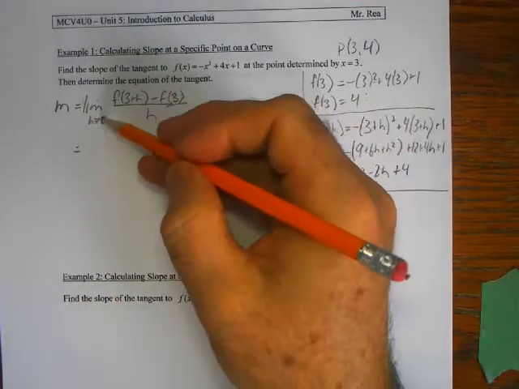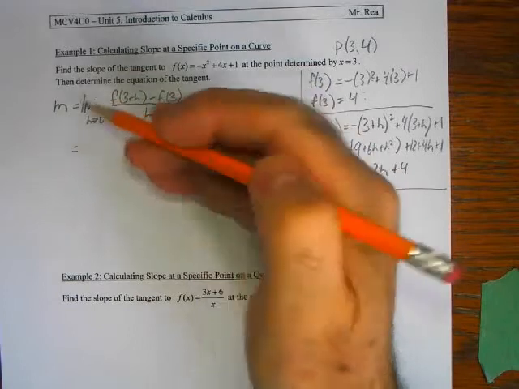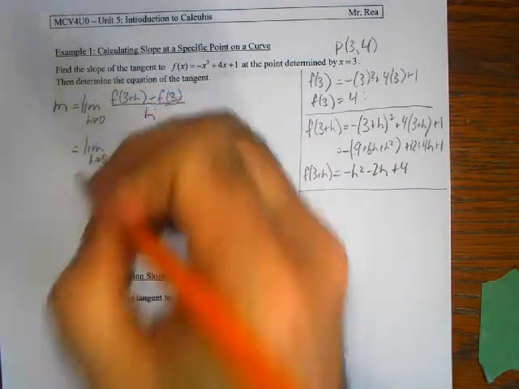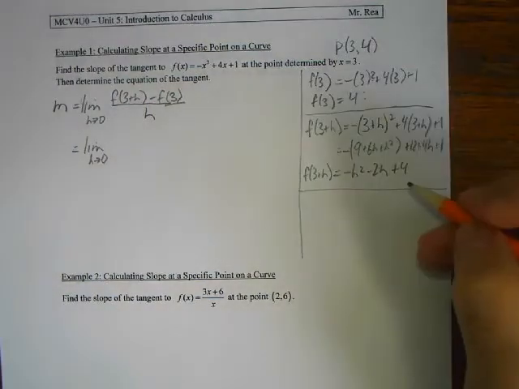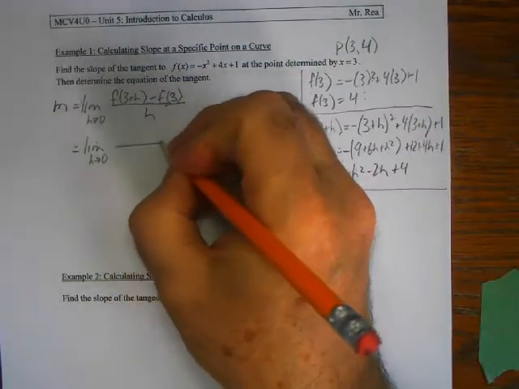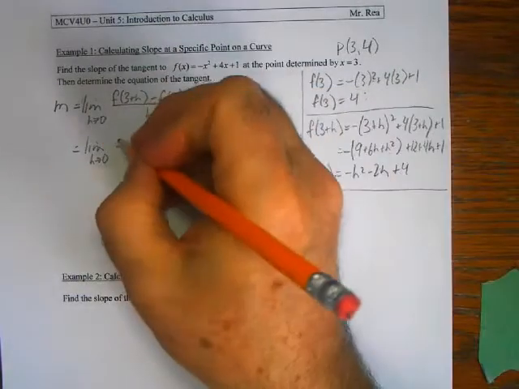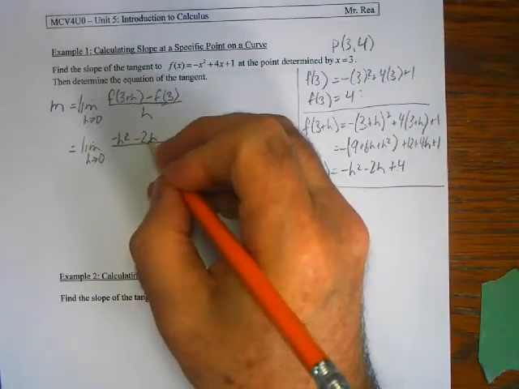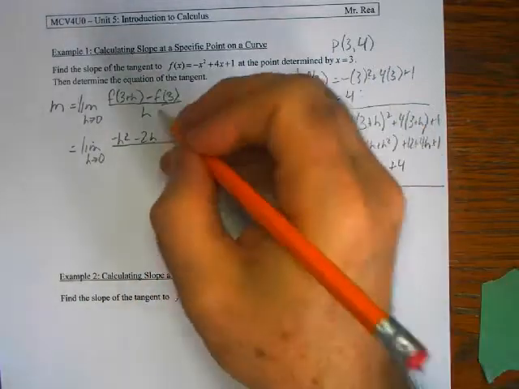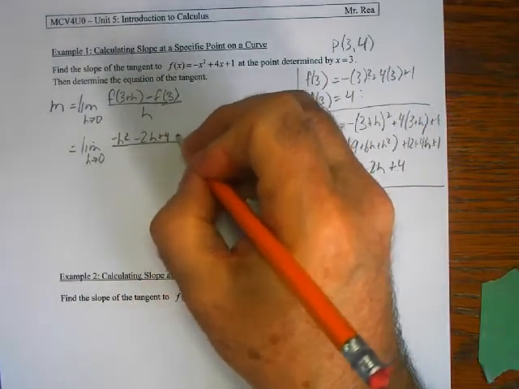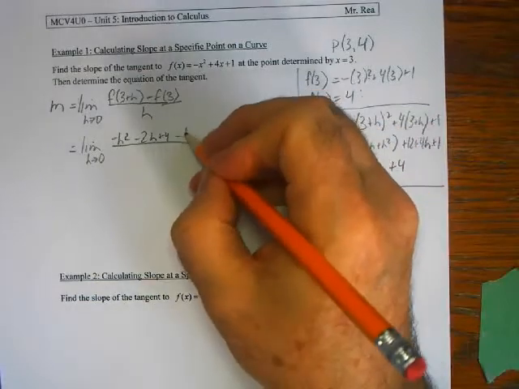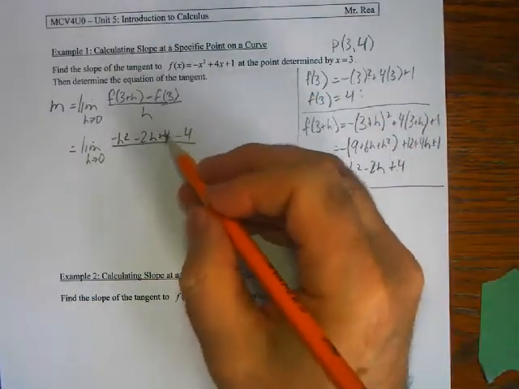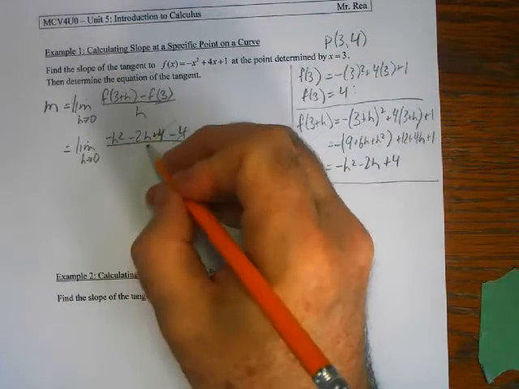Don't forget, I mentioned last lesson, it's easy to forget to put this limit in each line, and I know it's a bit of a pain, but it has to be there because you're going to use it near the end. Okay, so f of 3 plus h, we basically plug in what we did here, minus 2h plus 4, minus 4. So I did this minus this.